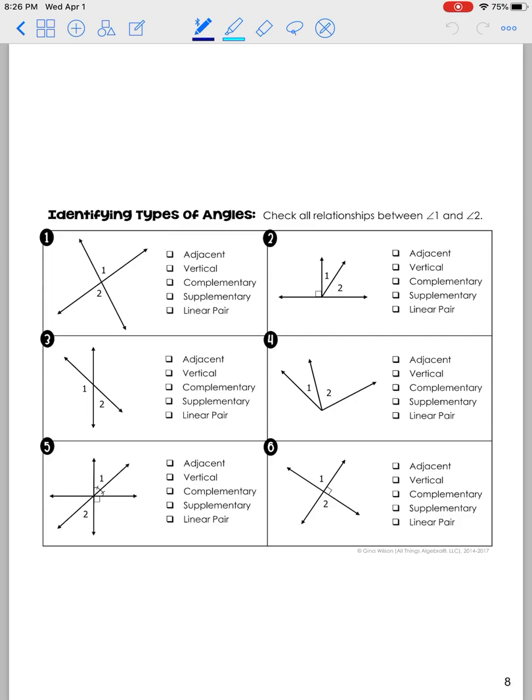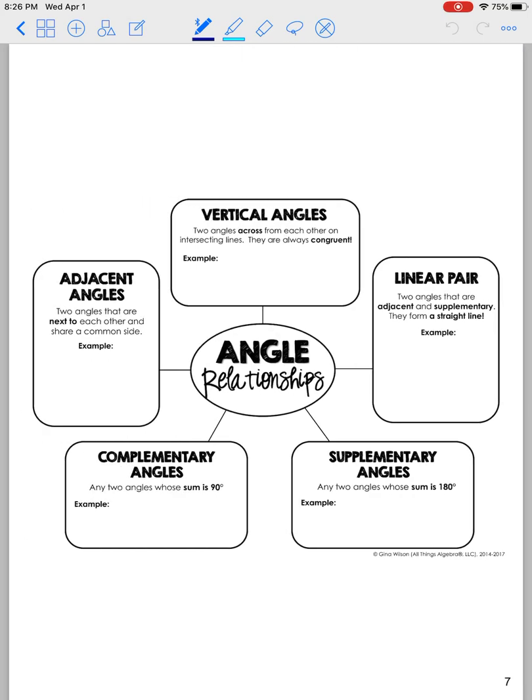We are in the 4.1 subunit packet, as I said. We are going to start reviewing on page 8. Actually, no, we'll go back to page 7 to review the different angle relationships. So vertical angles are the ones that are across from each other, and they are congruent.